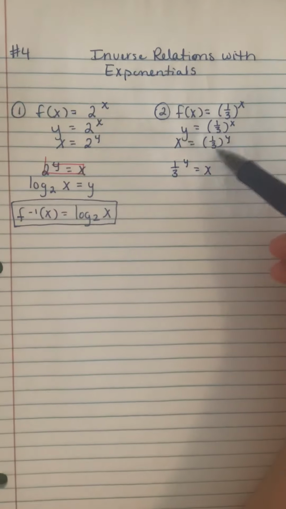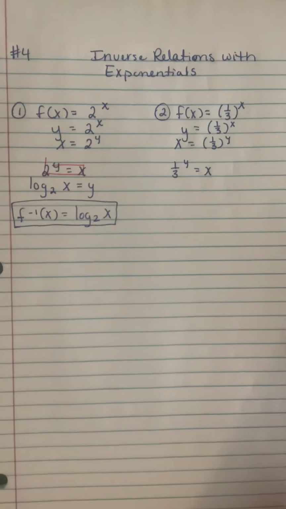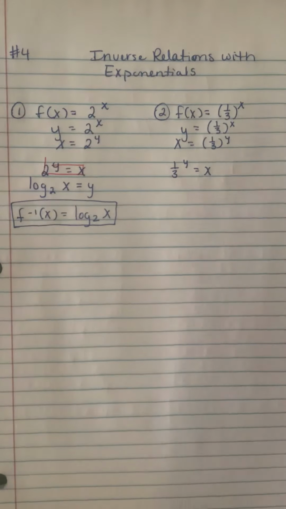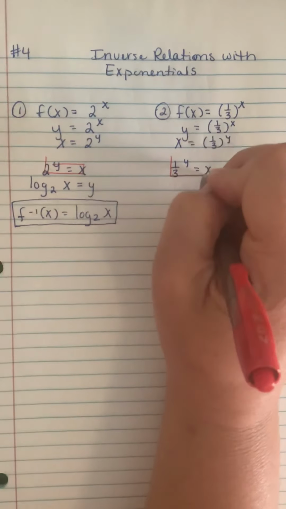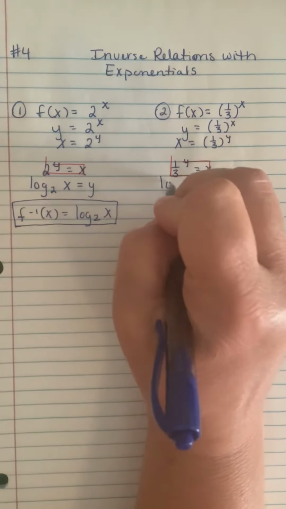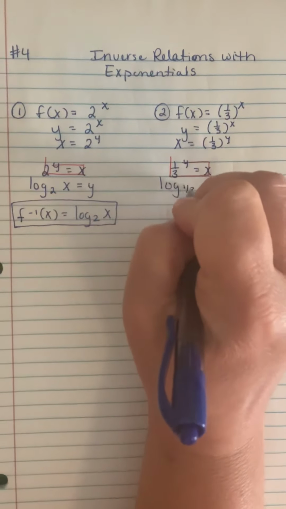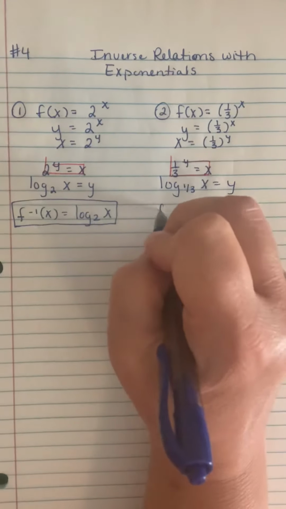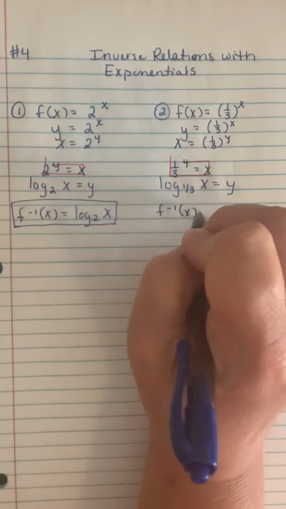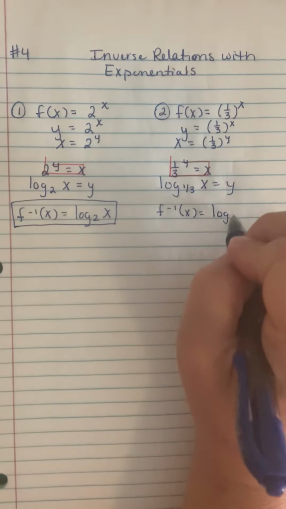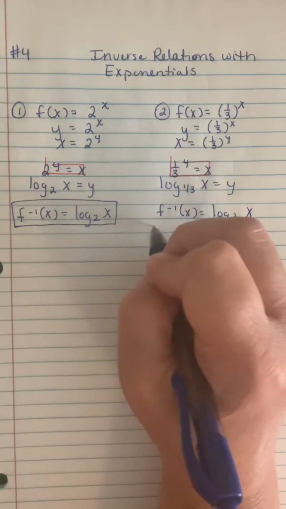I noticed I didn't put parentheses here. It's not a big deal that I left them off. And I'm going to change this to log form. So I'm going to make my L. So log, my base will be 1/3, x equals y. And then I'm just going to rewrite this with the f to the -1. And I have my answer.